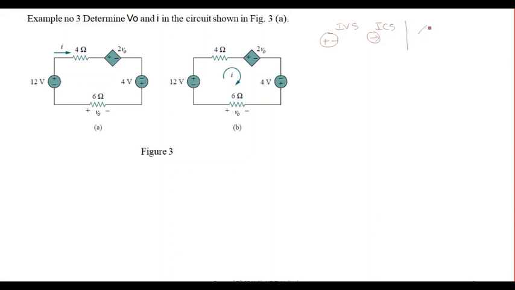Whereas if I show something like this, a diamond shape with plus and minus, these are dependent voltage sources, and this is a dependent current source. Please make note that the arrowhead indicates positive polarity and the tail indicates the negative polarity.